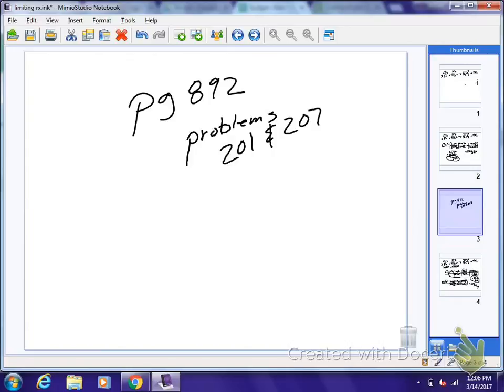It only asks you to determine the limiting reactant and how much product is made. Okay, that's 201. 207 will have two parts. One will be for you to determine the amount of I2 formed and then how much is in excess. Okay, that's what it's going to ask you to do.